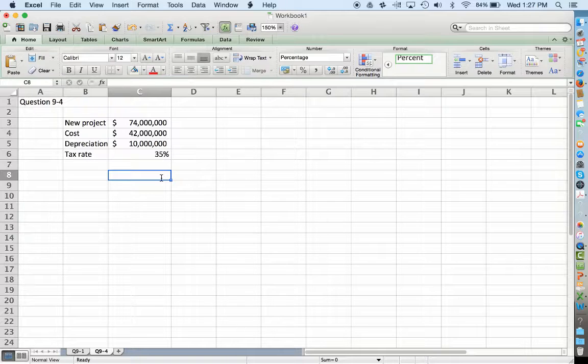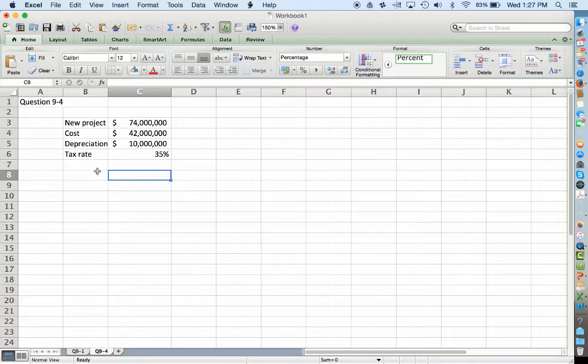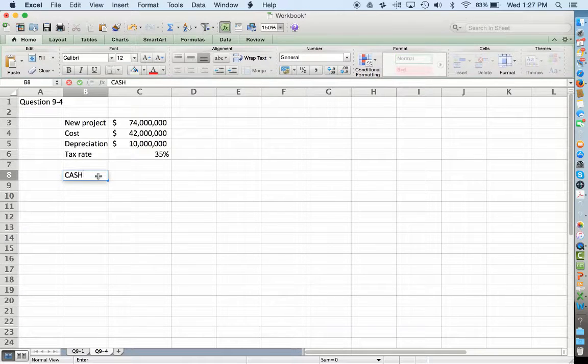Okay, so we want to know what cash flow for the year is. And we're not going to do it for all three methods. We're only going to do one method, which is the one that's the most important. So here's the method. The first thing we're going to do is revenue less cash expenses.